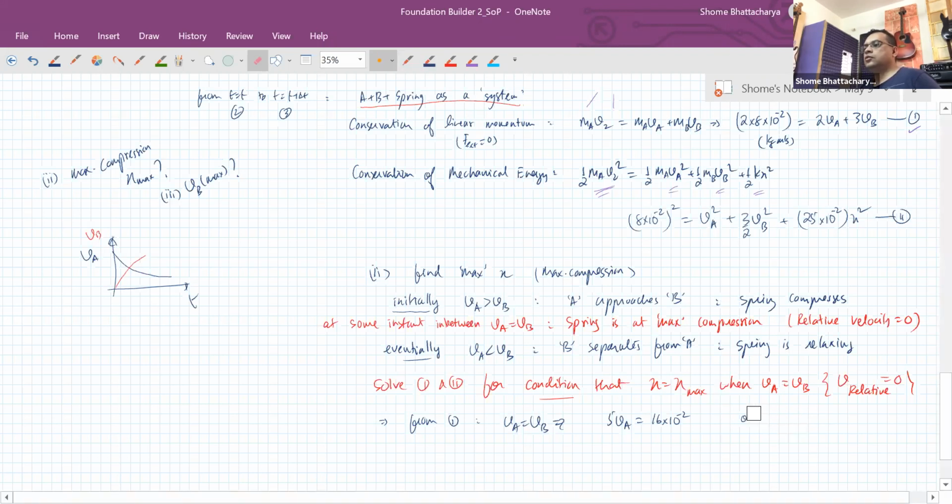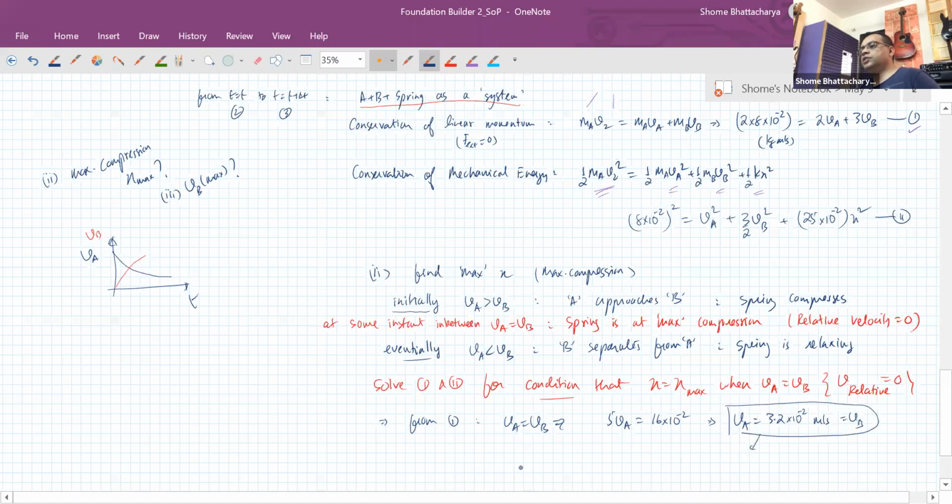So VA will become 16/5 or 3.2 centimeters per second, equal to VB.